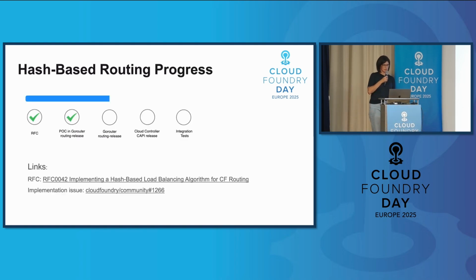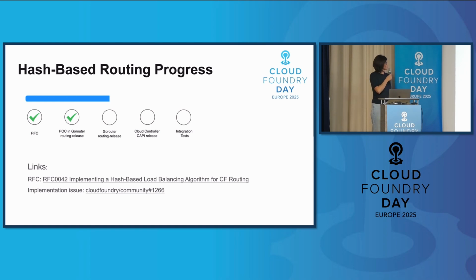Let's move to our implementation progress. We started with the RFC, followed by a POC in Gorouter and routing release. We tried to find out which hashing approach is the most suitable for our use cases and for our performance requirements.